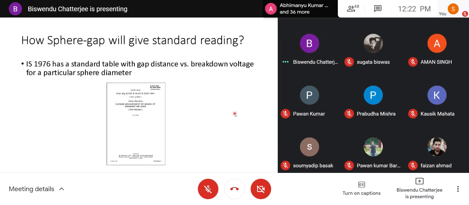Now comes the diameter of the sphere and the gap distance. How do I measure with the sphere gap?